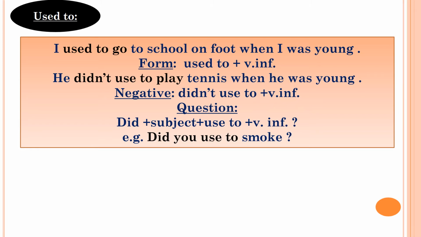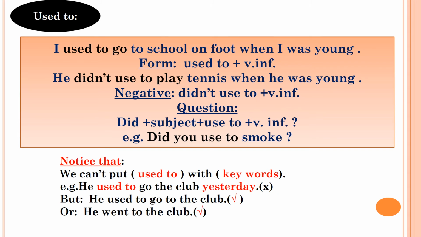The form of used to is used to plus the infinitive, and in the negative I put didn't plus use to plus the infinitive. In the question, we use did plus the subject plus use to and the infinitive. You must notice that we can't put used to with any keywords.